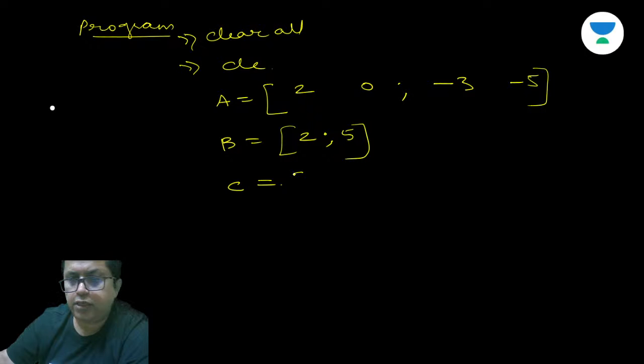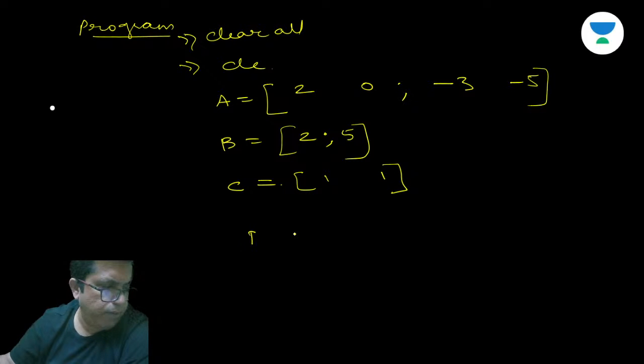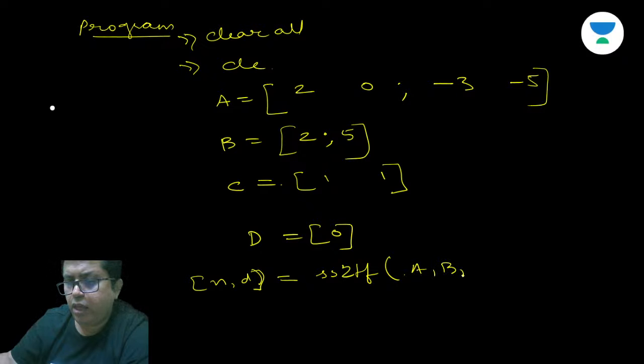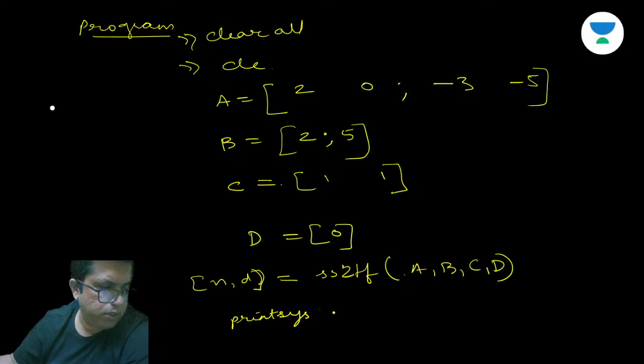C matrix is equal to 1 space 1. D matrix is equal to 0. Okay, then you can write down n comma d is equal to steady state space to transfer function a comma b comma c comma d. After that, write down parenthesis n comma d.